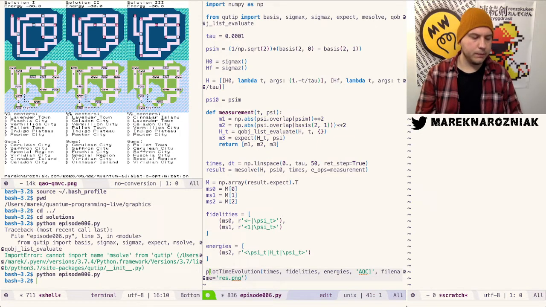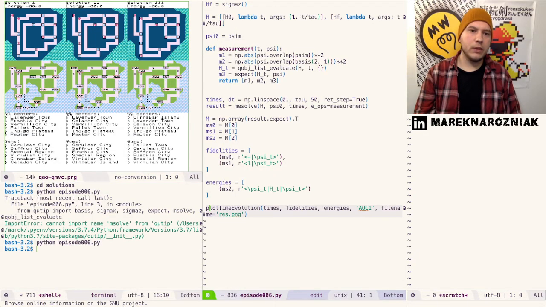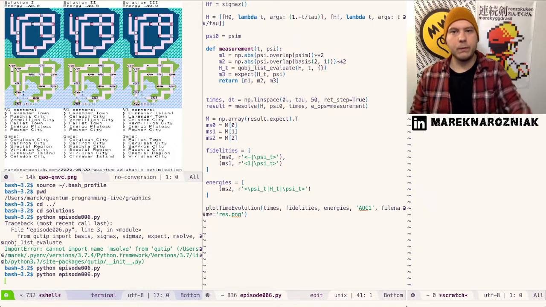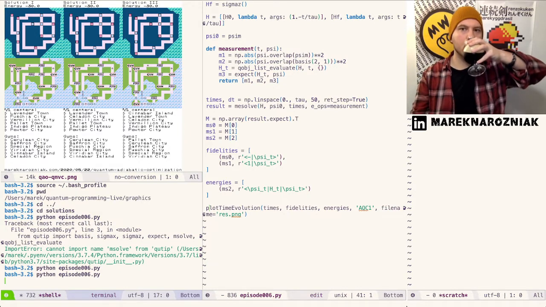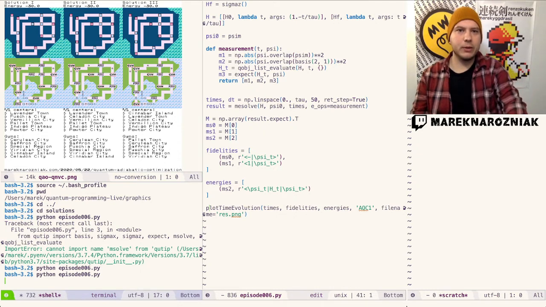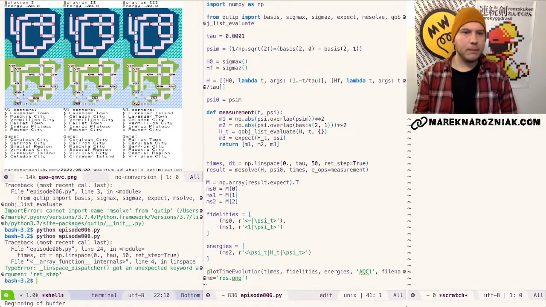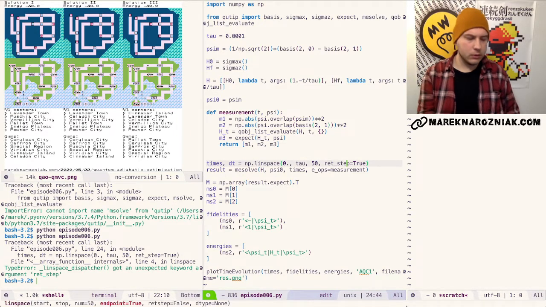So let's try to run it. I'm going to run it now, and let's see what it gives. The total time evolution time is really small. It's like less than 1/1000th. Oh yeah, the underscore.